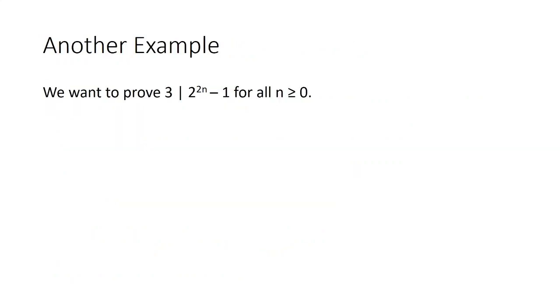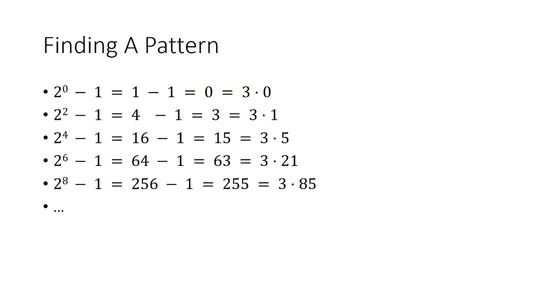So now we have another example. This is a little bit complicated. We want to show 3 is a divisor of 2 to the 2n minus 1, and this is for all natural numbers.